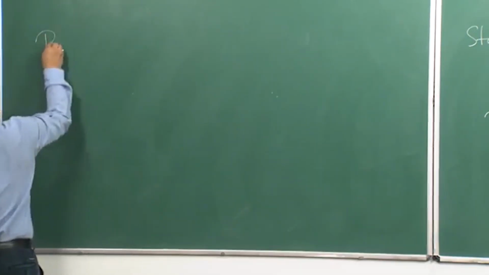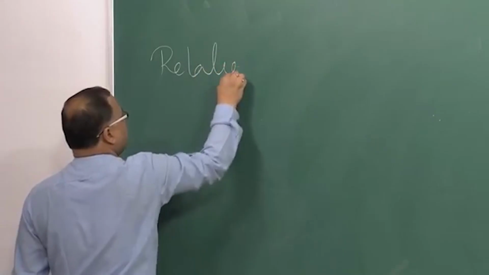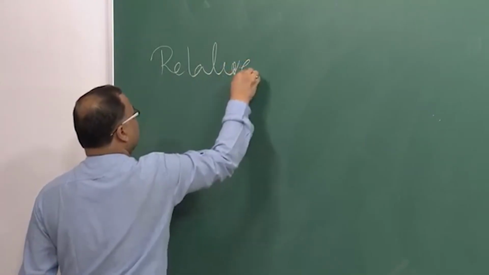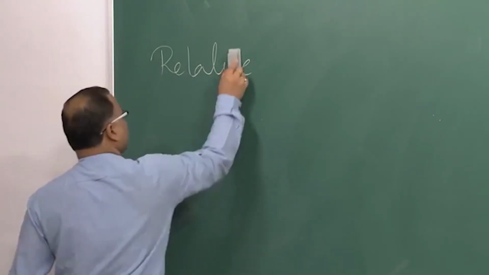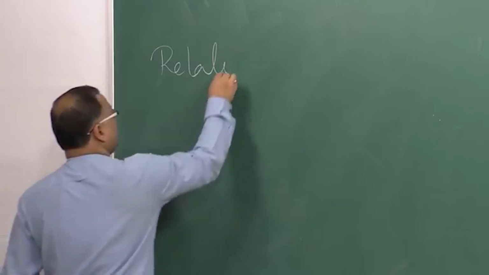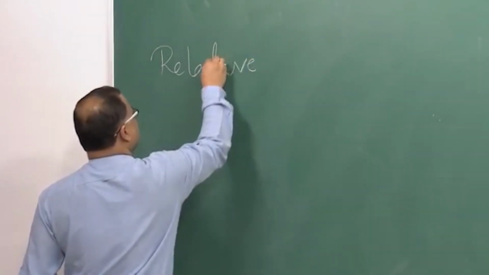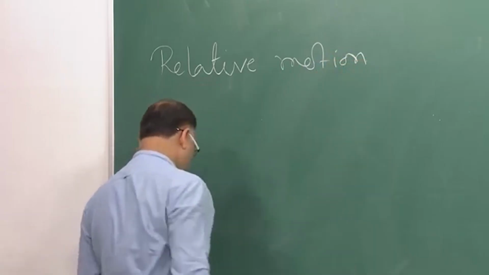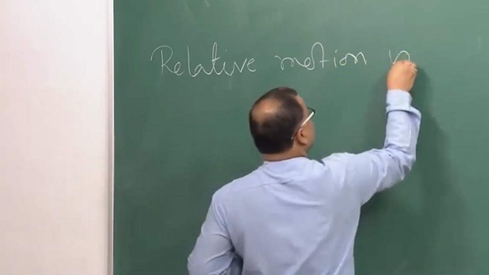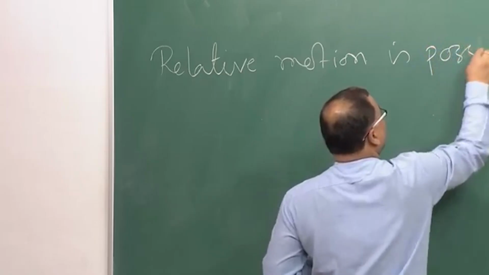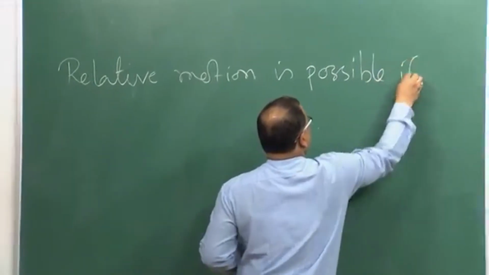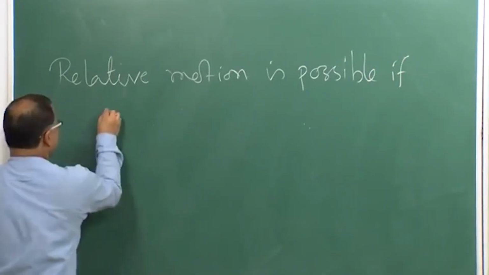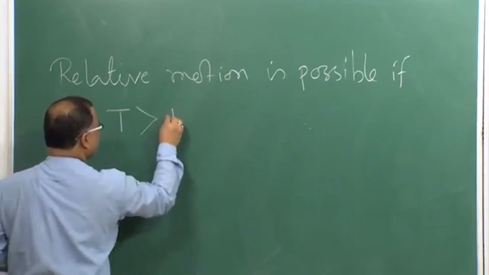So, relative motion is possible if T becomes greater than Fs.